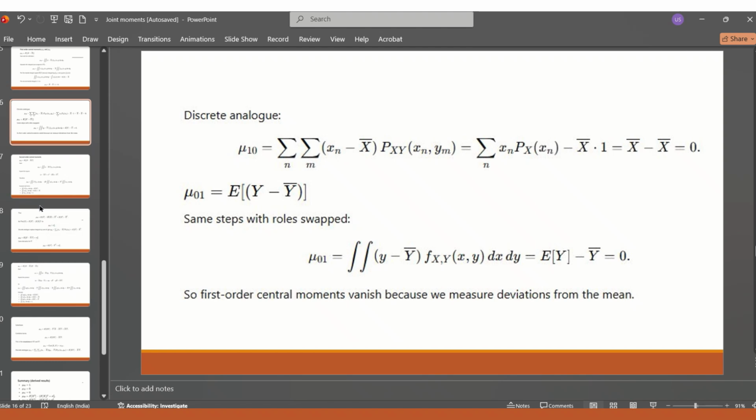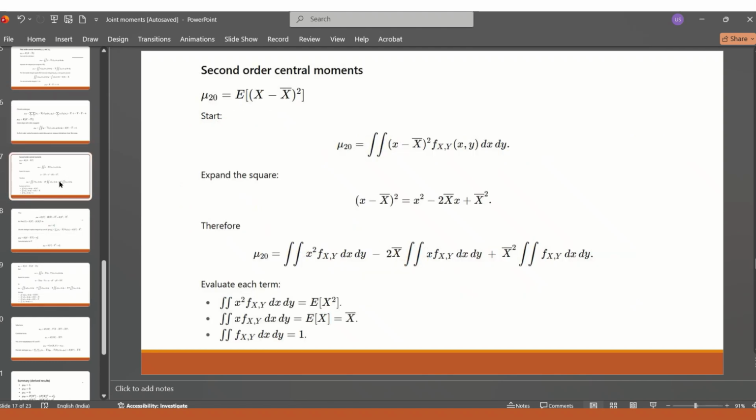Now we see the second order central moment, that is mu 2 0, which is equal to the expectation of (x minus x bar) whole square. That is, mu 2 0 is equal to the double integral from minus infinity to infinity of (x minus x bar) whole square along with its joint density function. Expand the square. (x minus x bar) whole square is equal to x square minus 2 x bar into x plus x bar square.